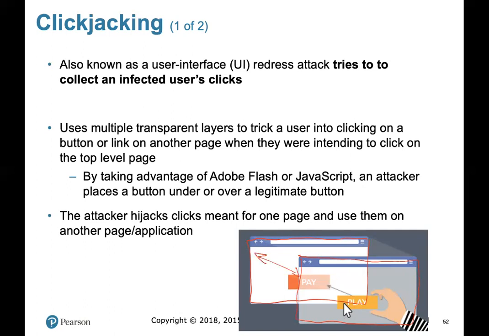They're attached to each other. You see this one, the appearance is similar to, for example, let's say your Facebook, but when you click on this button, there is no such button because this is just an image or something like an image. And when you click on this, you are in fact pushing this button. So they use multiple transparent layers to trick the user.